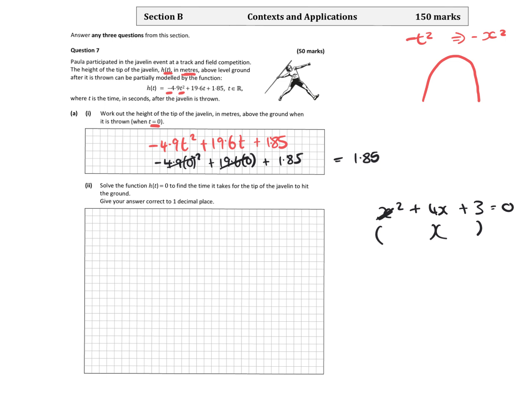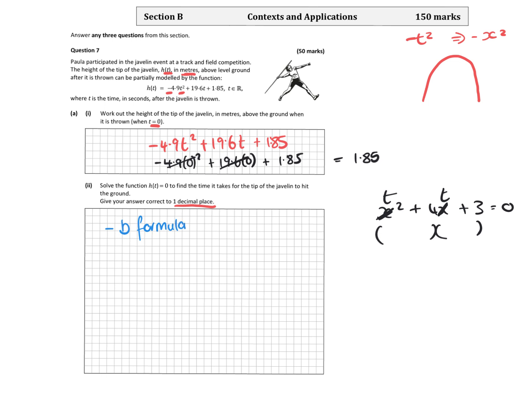They've just replaced this with t in this instance, but the numbers are much more complicated. They've given you a massive hint here where they say, give your answer to 1 decimal place. So how you're going to solve a quadratic when you don't know the factors is you are going to use your minus b formula.